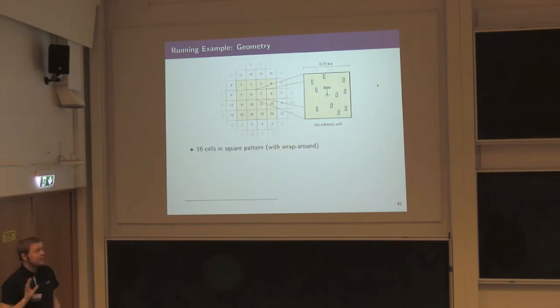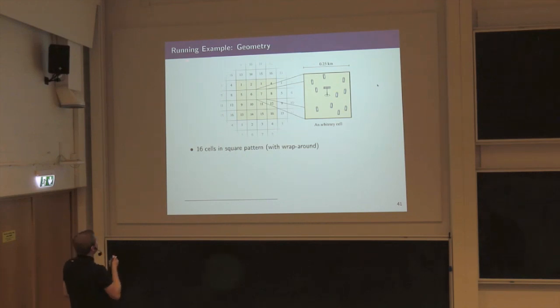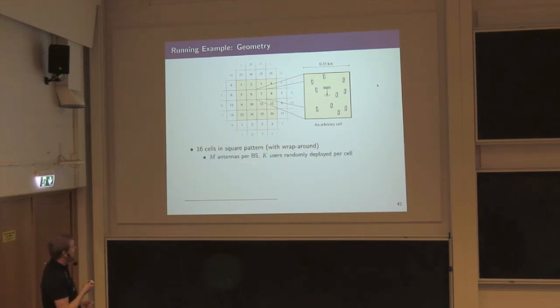In order to do that, I will define what I call the running example, which is set up with 16 cells. Each of them has a square size. They contain a certain number of users and the base station in the middle. And then I have a wraparound topology. So a user in this cell here, 1, might also appear here and create interference to cell number 16 here. I have M antennas per base station.